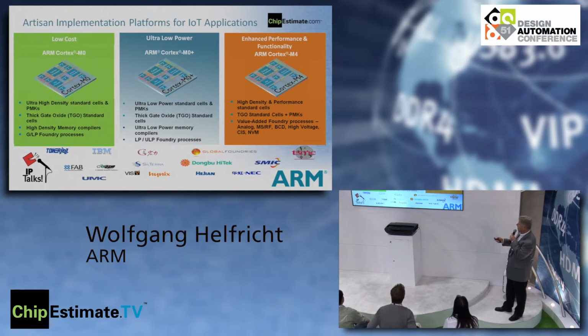So for low cost and then ultra low power, you need to pay a little more for some special process or IP features, like a little more complex process. And then extended performance, Cortex M4, so that's a class better for more performance-oriented applications. And at Artisan, we work with a lot of different foundries, so you have a wide selection of process nodes there.